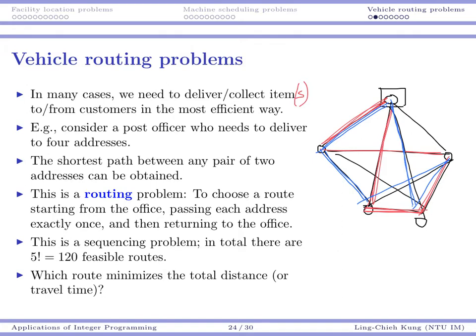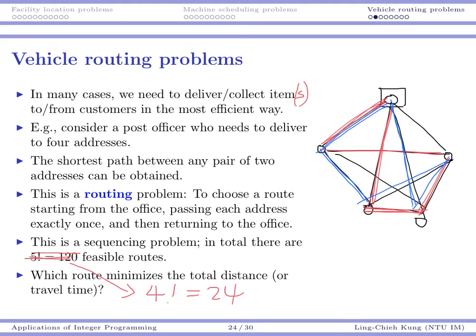Once you decide the orders to visit each destination, then you have that route. Okay, so in total you have 4 factorial, or that means 24 possible routes for your 4 destinations.